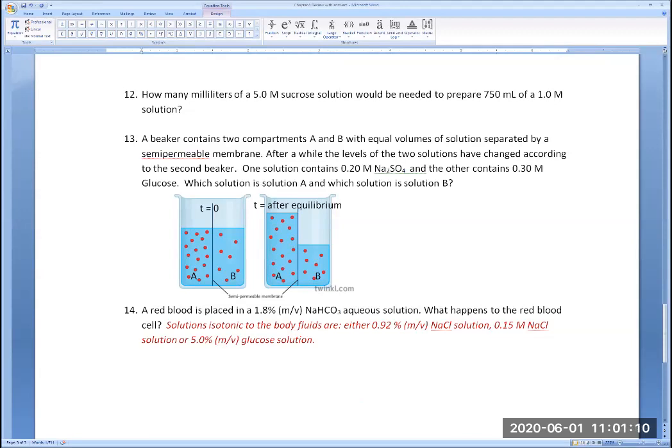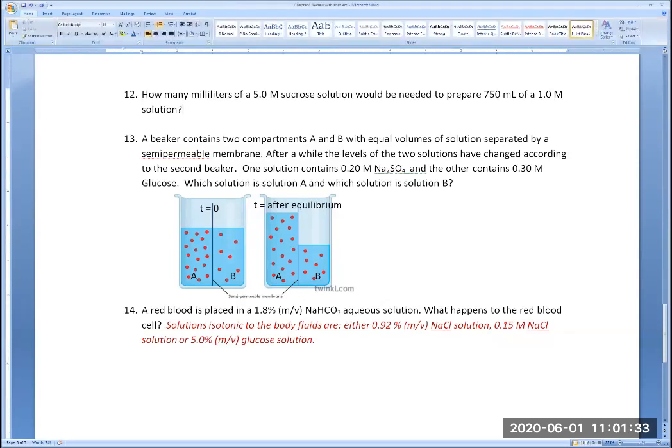So try to think about it. You want to prepare 750 milliliters of a 1 molar solution. That's what you want at the end. But looks like you have a 5 molar sucrose solution and you want to have only a 1 molar sucrose solution.